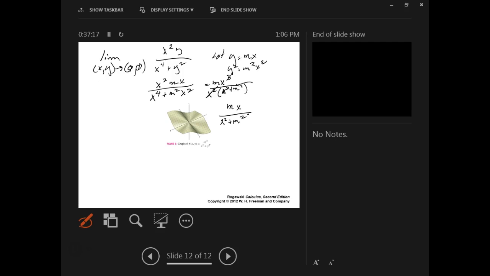But if m is equal to 0, then along the x-axis, y is equal to 0x. For 0 slope, you're on the x-axis. Then you get back to (0, 0).